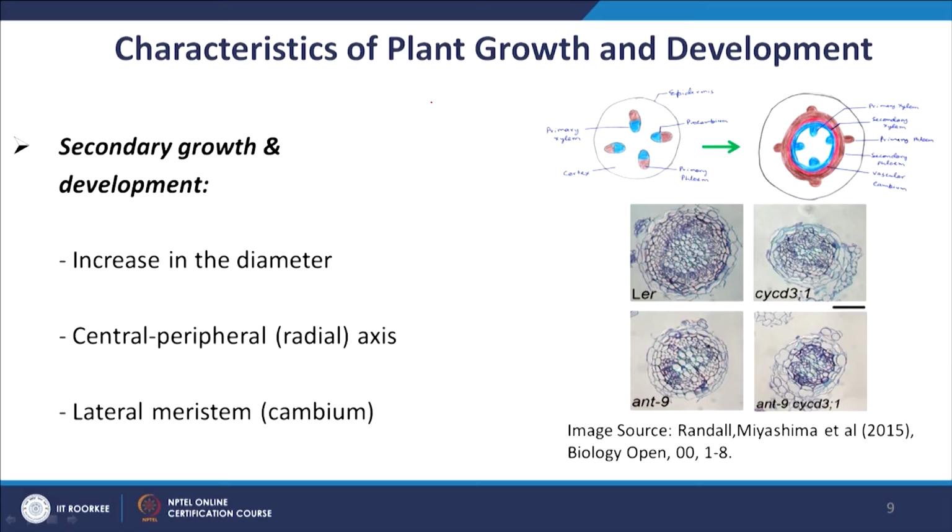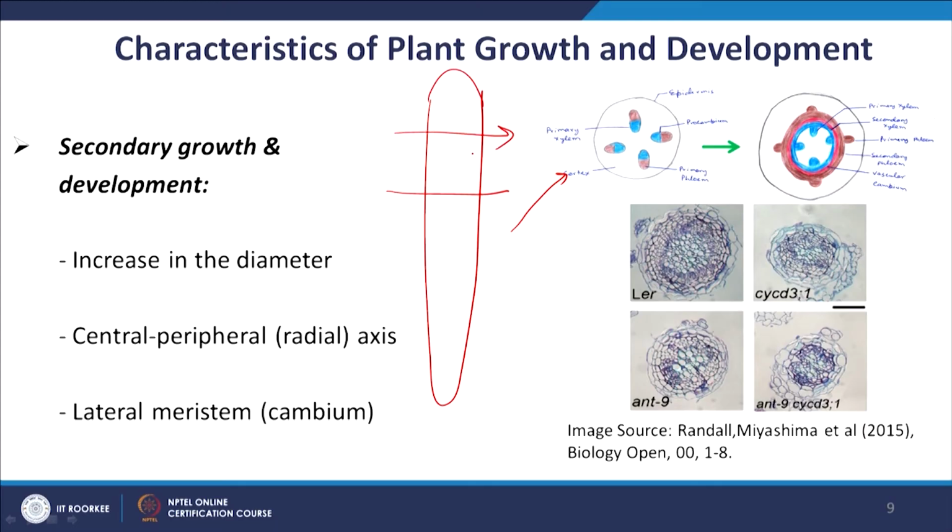If you look at a typical root and make a cross section at an early stage, this is the structure. Or you can take the shoot, no problem, make a cross section here, and you will find this. The procambium meristems are positioned here, and they are part of the vascular bundles.